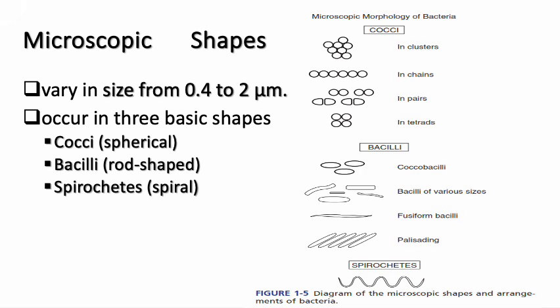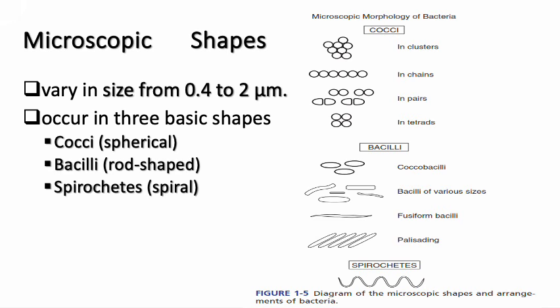This figure in this slide shows you the different arrangements of these basic shapes of bacteria. Your cocci can be called clusters if the individual cells grow together and form a cluster arrangement. You can also call cocci in chains if the cells growing together are in the form of chains.